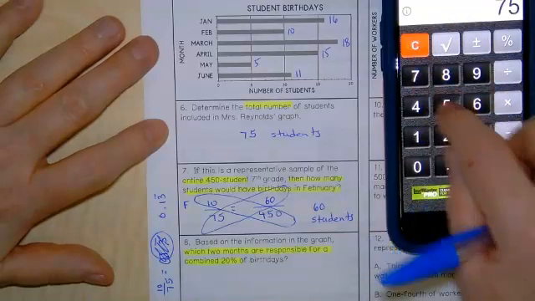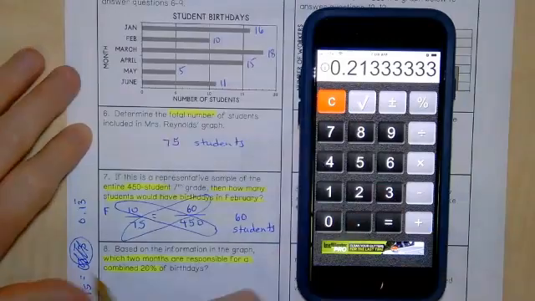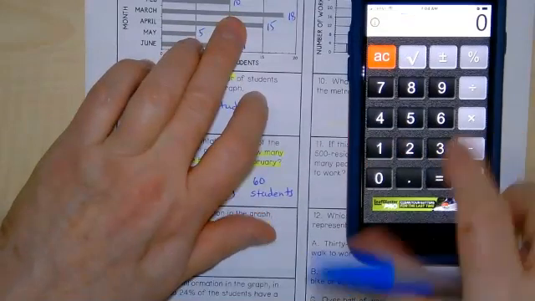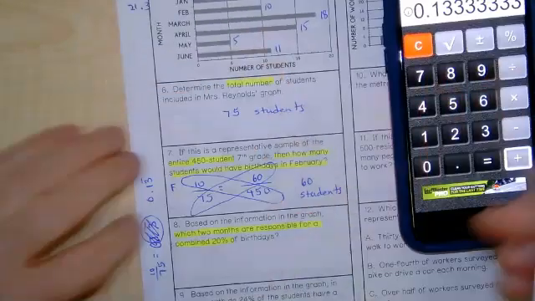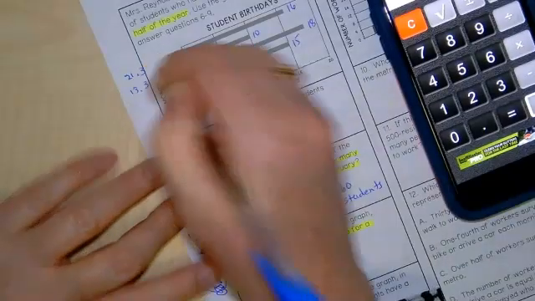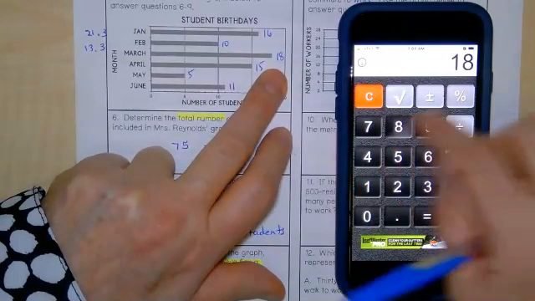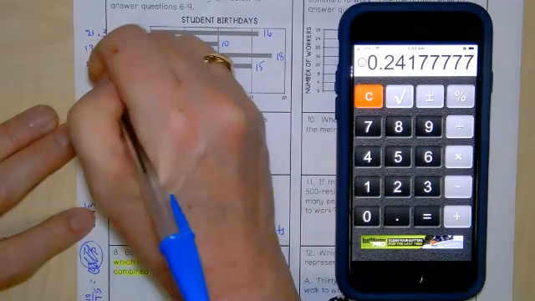16 out of 75. Now, if I move the decimal 2 times, it's 21.3%. 10 out of 75 is, move the decimal 2 times, 13.3%. How about 18 out of 75? 24.1%.